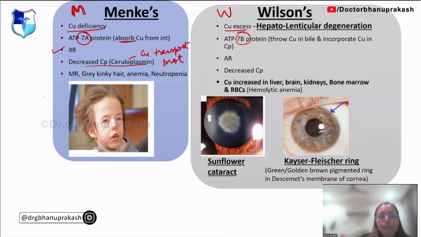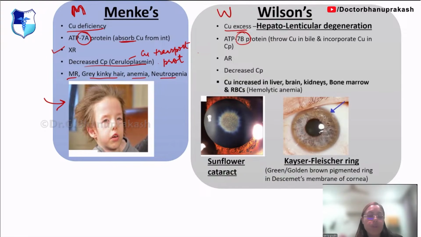The patient has kinky hair, you can see the picture. Hypopigmentation also. Mental retardation, grey kinky hair, anemia, neutropenia. Okay. Hypopigmentation because the tyrosinase enzyme which makes melanin also requires copper. I told you.